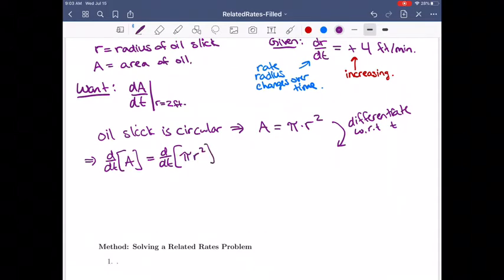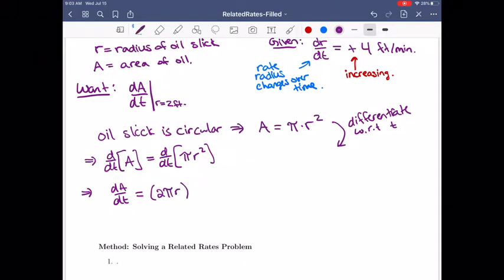If I take the derivative of A with respect to t, the outer derivative is 1, the inner derivative is dA/dt. Then the derivative of pi r squared: the outer derivative is 2 pi r, so bring the 2 down and then reduce the exponent by 1. And then I have to multiply by dr/dt. Now I have an equation that gives dA/dt in terms of r and dr/dt. And I actually know both of those quantities.